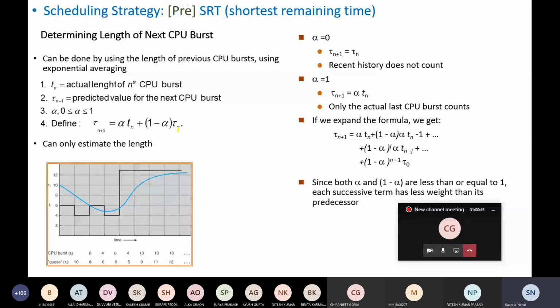of that waiting time in the previous time steps. So whether you give more weightage to the history or to the recent behavior, you can have a choice of that by choosing the value of alpha. From this we can only estimate, and you can see that this is the kind of behavior it follows, the CPU burst at time t, and this is the guess.